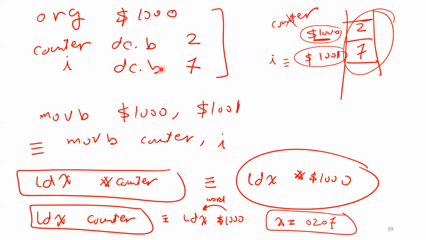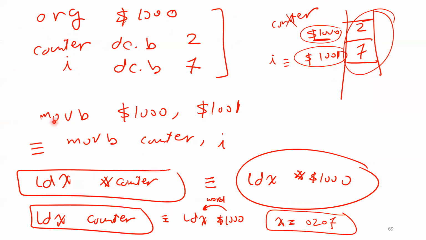Then I dc.b 7, so I is physically at location 1001. You remember in the first lab we had sum. Sum is the name of a variable, and this variable was physically at location 1000. So in your program, if you use counter, it is replaced by 1000, and I is replaced by 1001.